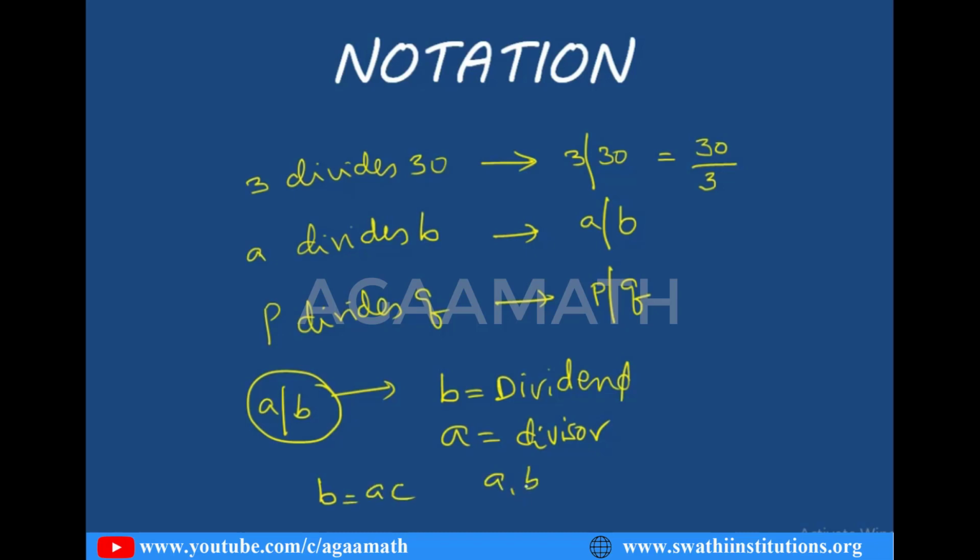Here A, B, C are integers. This is the symbol of integers, denoted with Z or I, and A should not be 0. This is about notation.